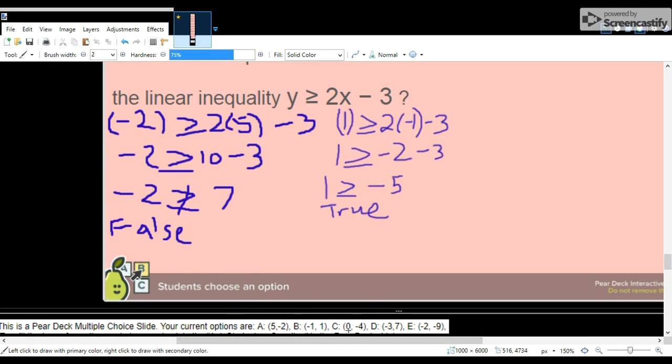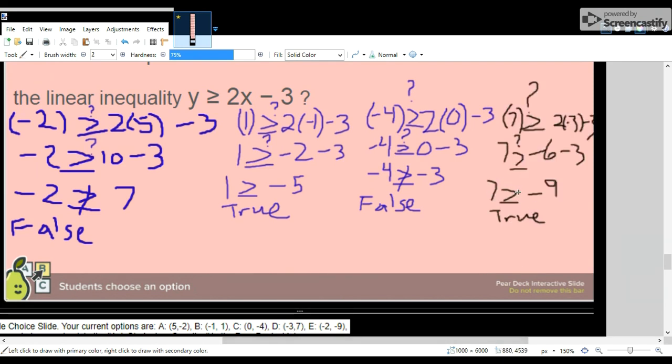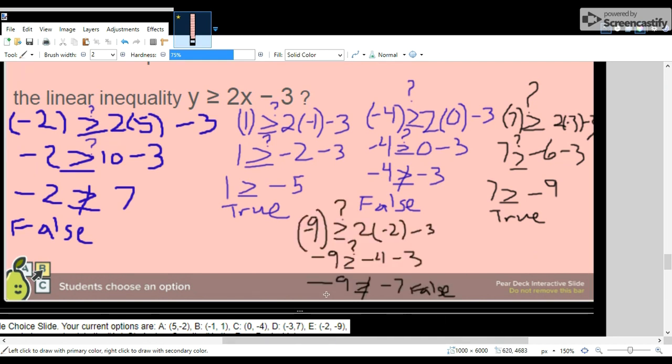Now try C, 0, -4. C would be false. -4 is not greater than or equal to -3. Try D, -3, 7. 7 is greater than or equal to -9, so D is also true. Try E, -2, -9. You should get -9 is not greater than or equal to -7.